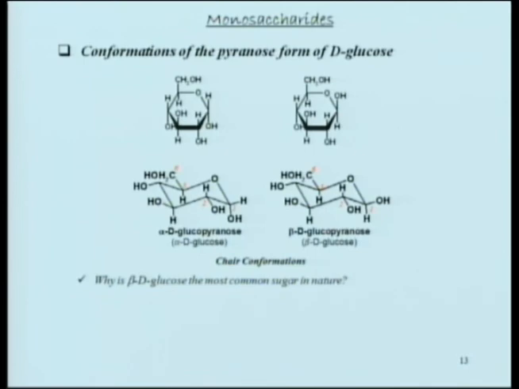In alpha, you have one OH which is axial, and all the others are equatorial. Therefore beta D is going to be the dominant species. I forgot to answer the question between the open chain and the closed chain: the closed chain, the pyranose form, is the dominant form. That's how nature exists. As far as glucose is concerned, it is going to be the beta D.